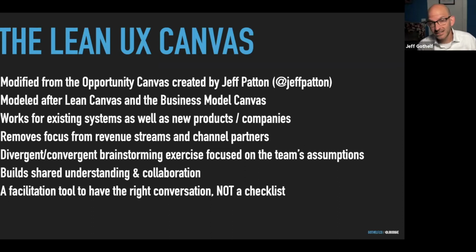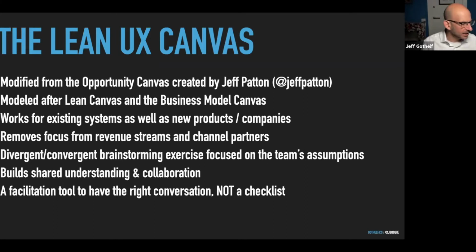And the reality is that they don't, right? Even with things like who's the customer. And so the exercises in the Lean UX Canvas are designed to get those ideas out of people's heads quickly so that we can build that shared understanding and decide how to move forward very, very quickly, right? And to build that collaboration.